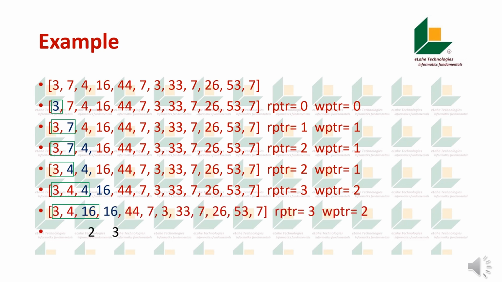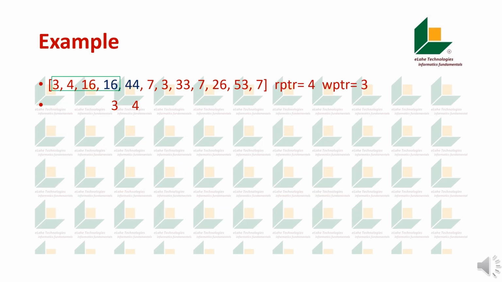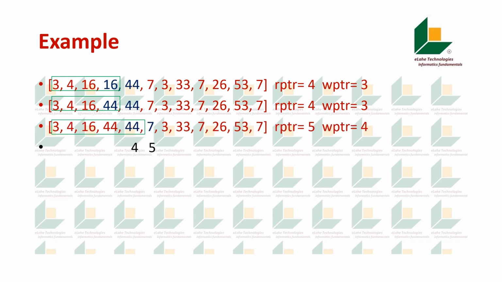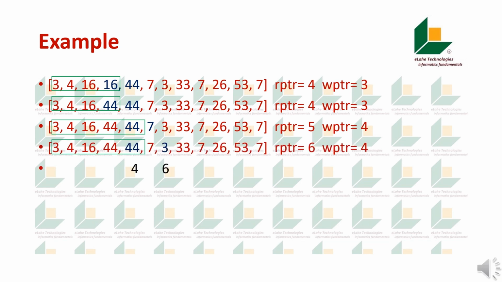16 read from A3 is written to A2. Again, both rptr and wptr are incremented. Next, 44 is written into A3. Again, both are incremented. A5 is 7 which needs to be deleted.